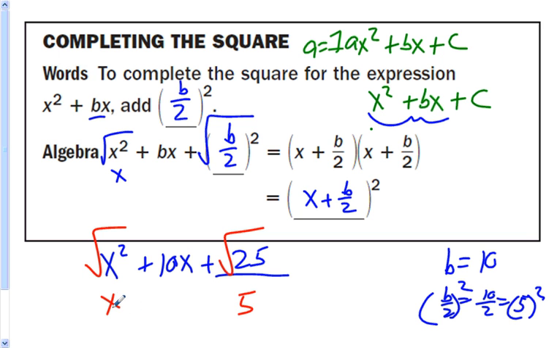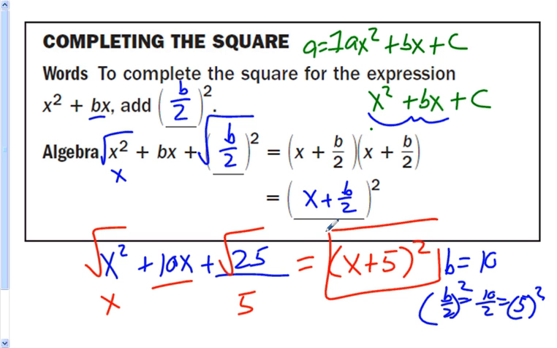Well, 2 times x is 2x, times 5 is 10x. And you'll notice I have that in the middle. So it is a perfect square trinomial, and I can factor it to x plus whatever b divided by 2 was, which was 5. And then that's squared, and it's factored.